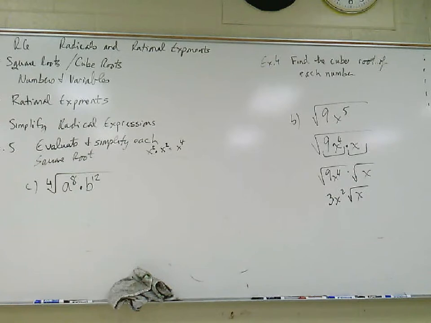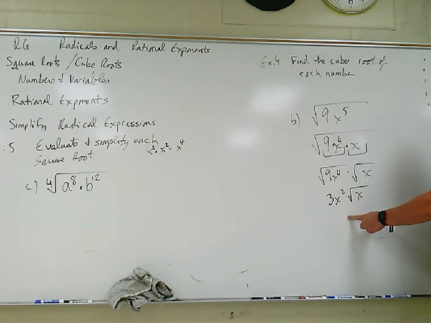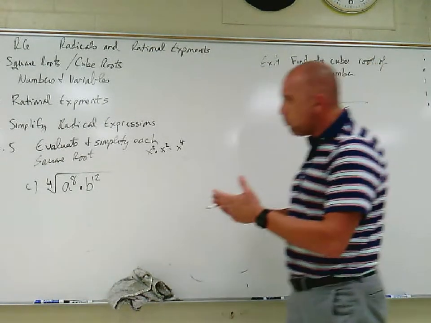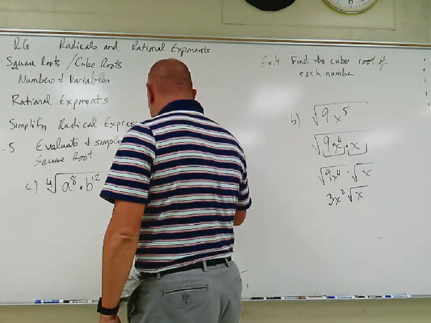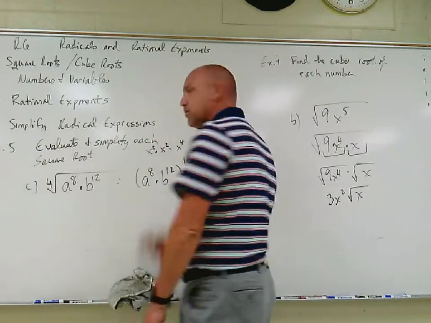What multiplies by itself 4 times. But remember, if square root is 1/2 power, 4th root is the same as what? 1/4. So when we did square roots, we take half of the exponent. If you have 4th root, you could make it a to the 8th times b to the 12th raised to the 1/4.